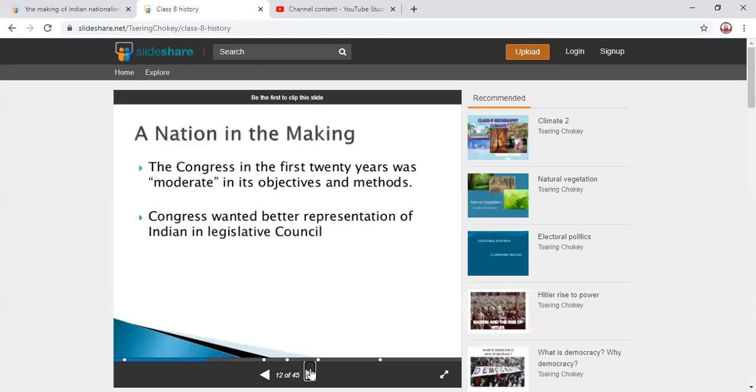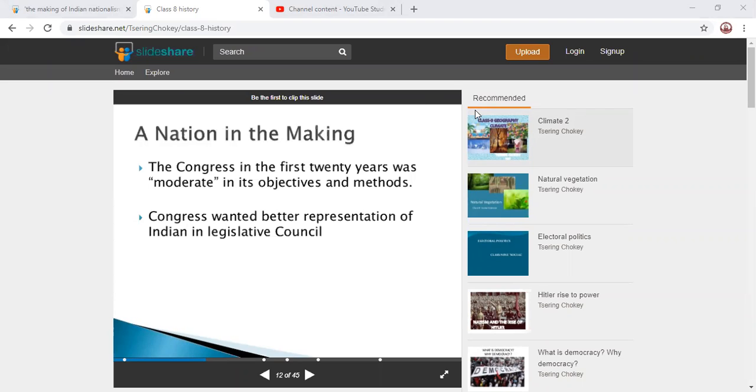They believed that the British respected the ideals of freedom and justice, and would therefore accept the just demands of Indians. This caused aggression among some of the leaders of Congress. That's why around the 1890s, Congress finally split into two parts: one group the moderates, and the second the radicals.